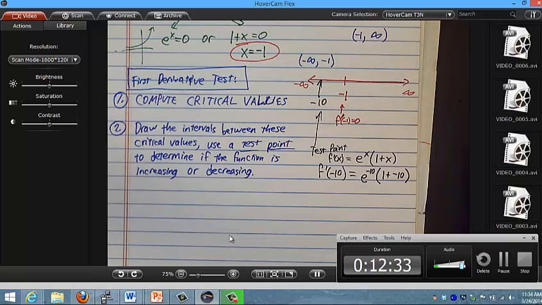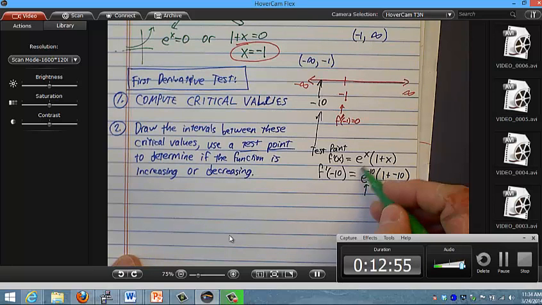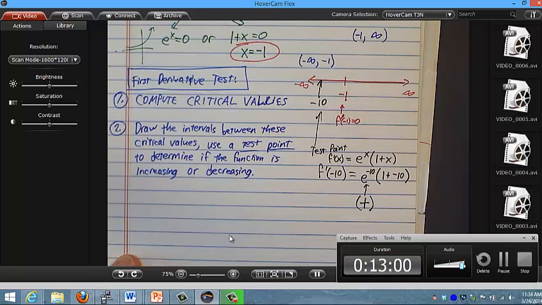And I don't care what e to the negative 10 equals. Don't put that in your calculator. Actually, e to the negative 10 is really small, because you remember what e to the negative 10 means? It means 1 over what? e to the 10. Here's my question to you guys. This thing here, is this positive or negative? This e to the negative 10 is really a positive number. Are you guys clear on that?